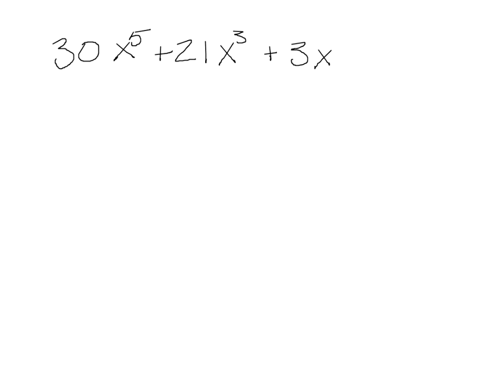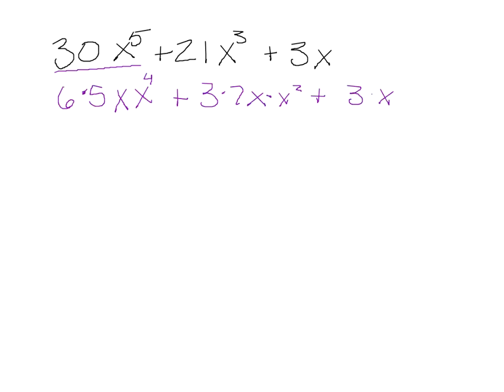Okay, for the next one here, I'm going to factor out common terms. So when I look at this, I get 6 times 5, and then I get x to the 5th can be written as x times x to the 4th. 21, that's 3 times 7, x times x squared, and then 3 times x.